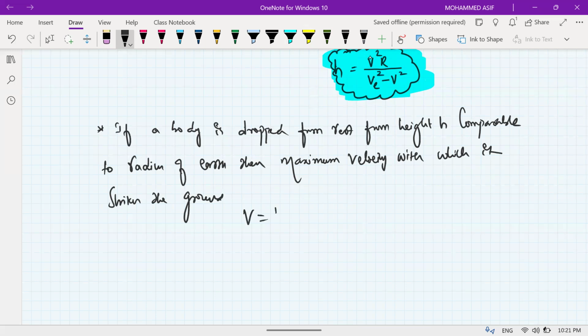V will be equal to escape velocity multiplied by h divided by r plus h.